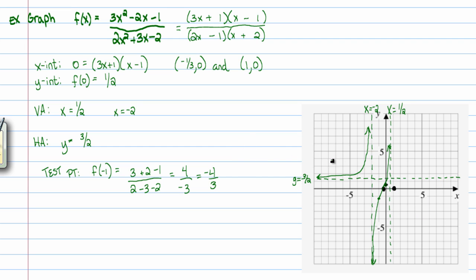So the only other way I could possibly do this is to come from below here and come up and approach the horizontal asymptote. It might actually go above the horizontal asymptote and then sneak back down to it, but it's going to look like this. Okay. By the way, you can always check this on your graphing calculator. If you do that, your graph will look essentially like what I've drawn here in a 10 by 10 window.